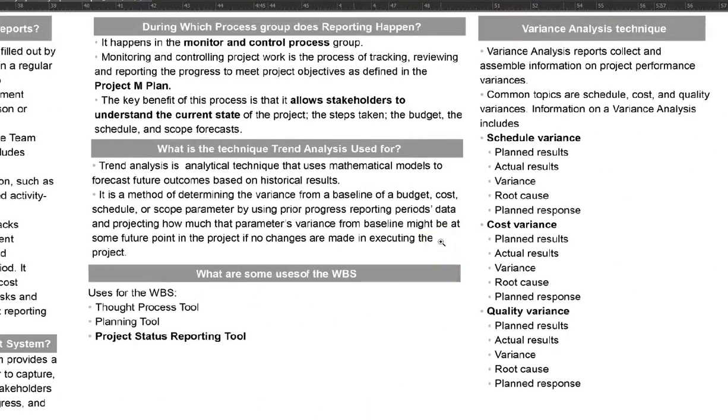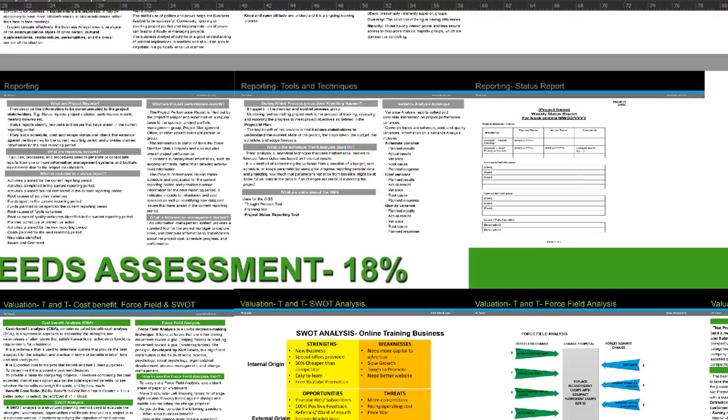Now let's take a look at the last slide. During which process group does the reporting happen? It's important to understand that it happens in the monitoring and controlling process group. This is where we do all the reporting.